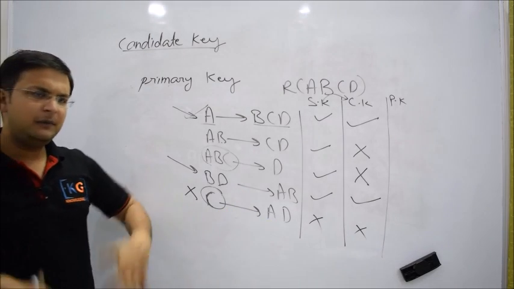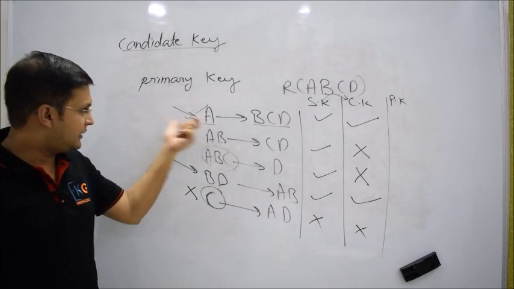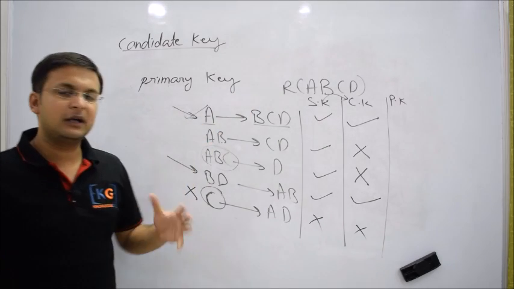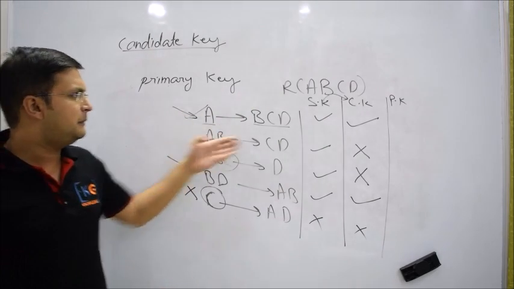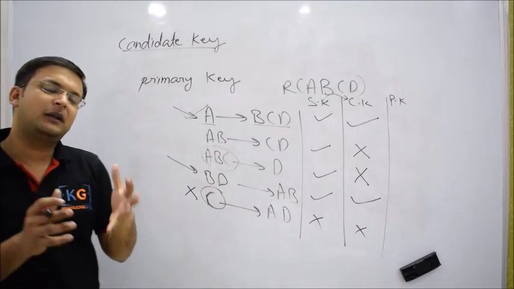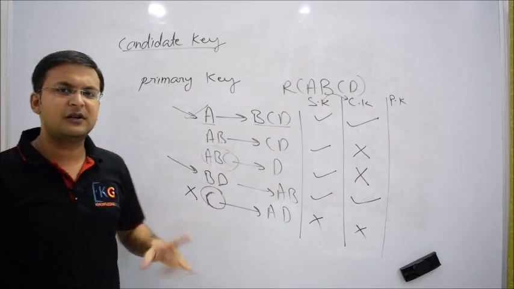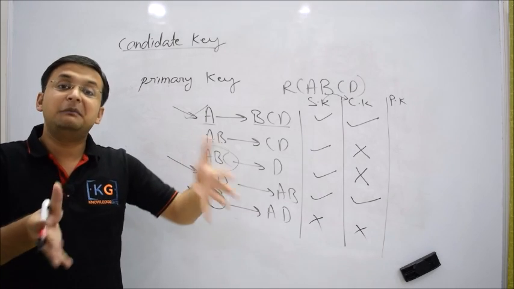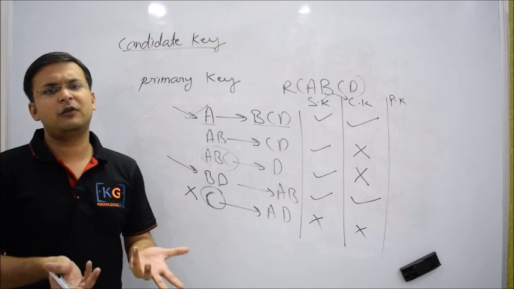So if the DBA chooses this attribute A to identify tuples, then it becomes the primary key. So what does this mean? Among a set of candidate keys, the database administrator chooses one key as the primary means to identify tuples. That particular candidate key we call the primary key.